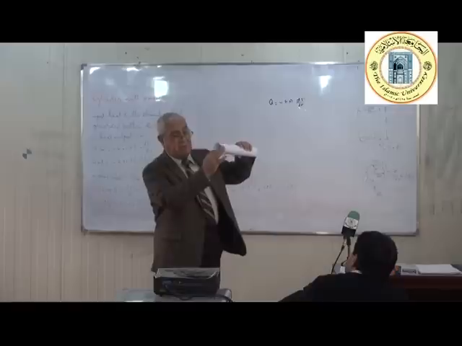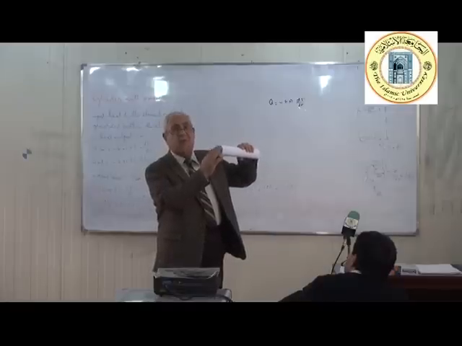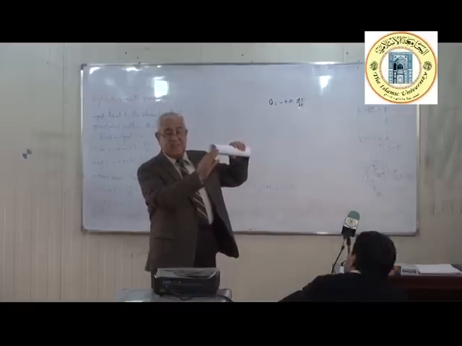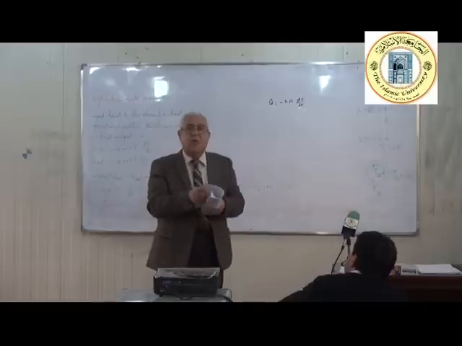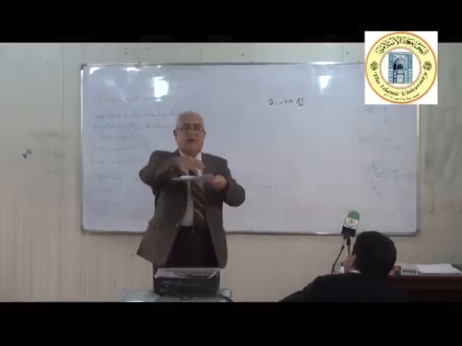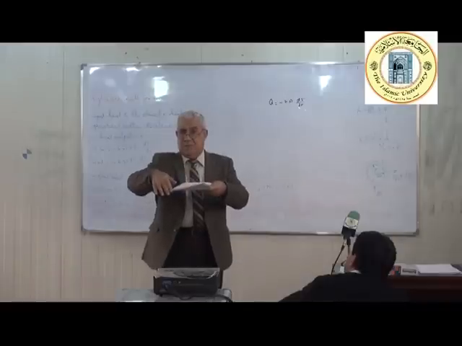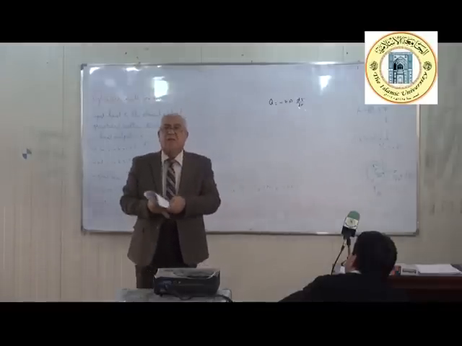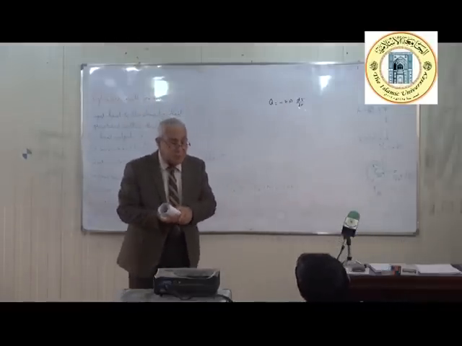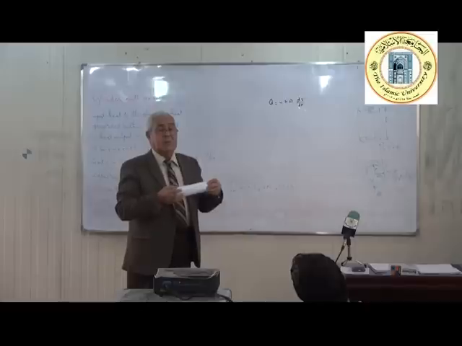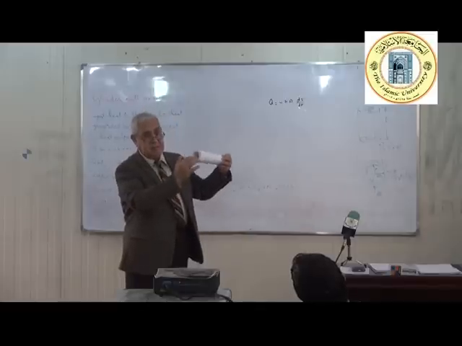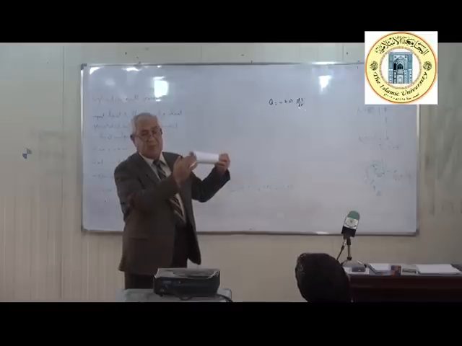The circumference or the perimeter of this cylinder equals the length of this flat surface. I repeat this again: the perimeter of this cylinder would equal the length of this circle.